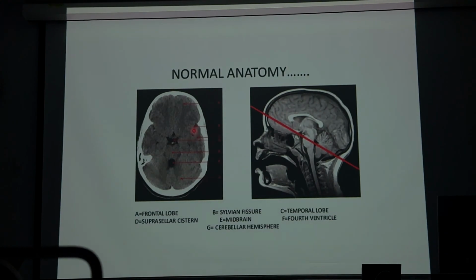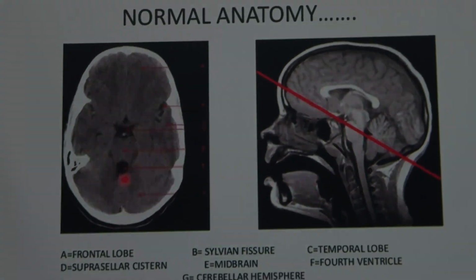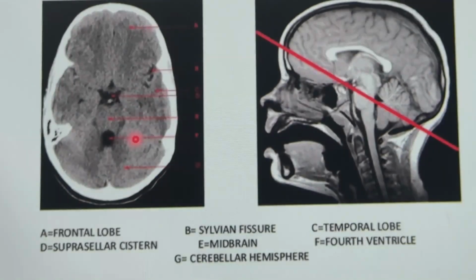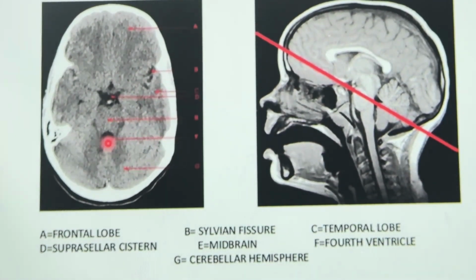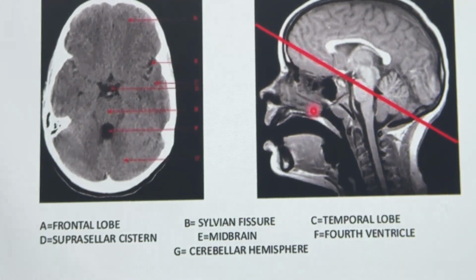Now there is the appearance of the sylvian fissure on the left and right, and temporal lobes, including the temporal horns, and of course in the central, the suprasellar cistern and pituitary stalk, midbrain structure, and the fourth ventricle and cerebellar hemispheres, and this is the corresponding cut.